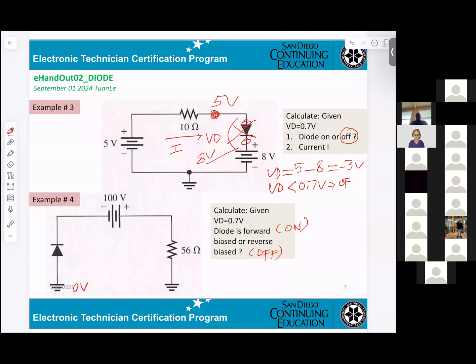This is a negative here, minus 100. Tell me diode on or off. Diode on. 0 volts is a bigger number than minus 100. Exactly. So that's why the diode is on.